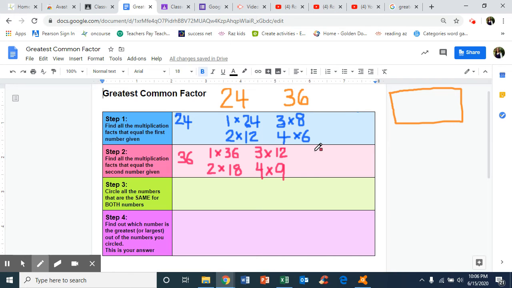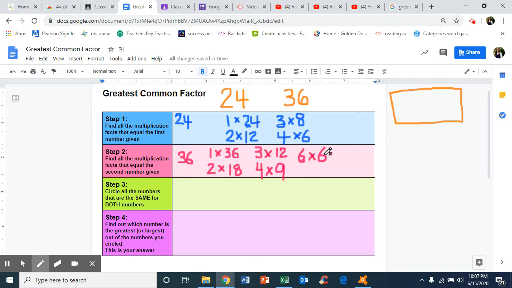Now we move on to the number 5. And we cannot get 36 with the number 5. 5 times 7 is 35. 5 times 8 is 40. So that won't work. Then we move on to the number 6. And we know that 6 times 6 is 36.